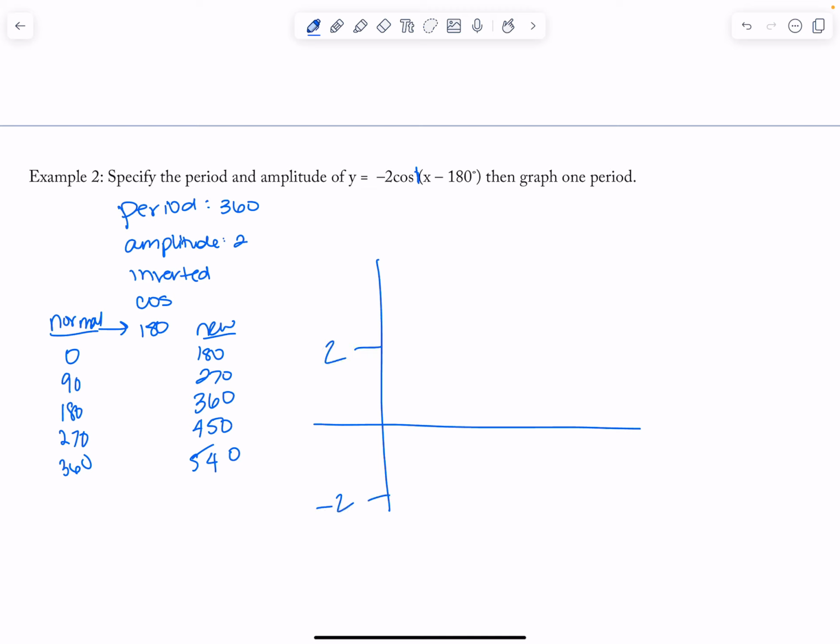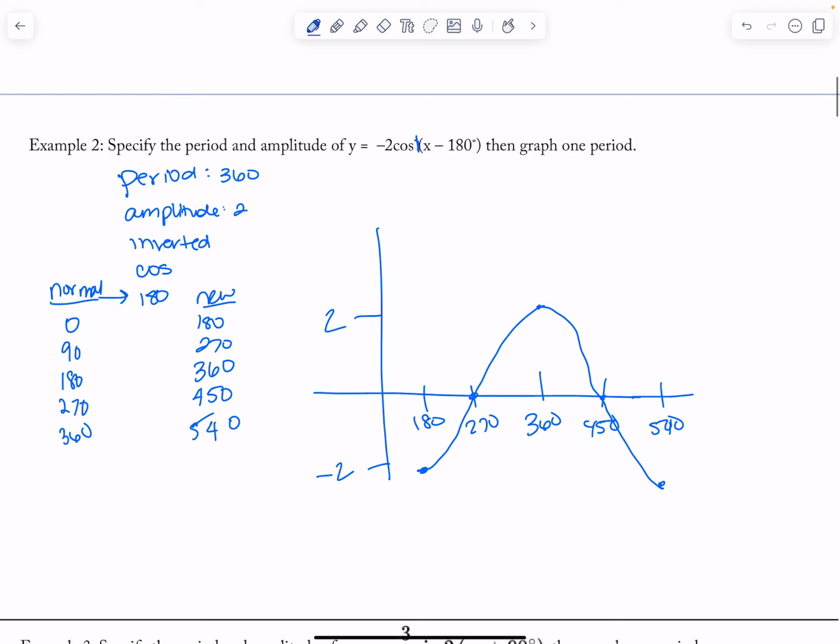To -2, 180, 270, 360, 450, and 540. I'm inverted, so I start down, then go up, up, back down, and back down. So it looks something like this.